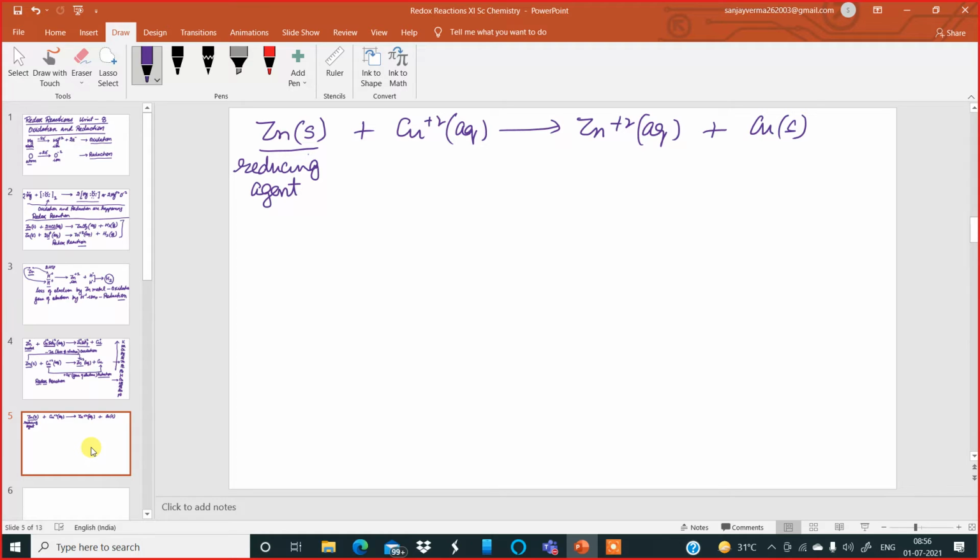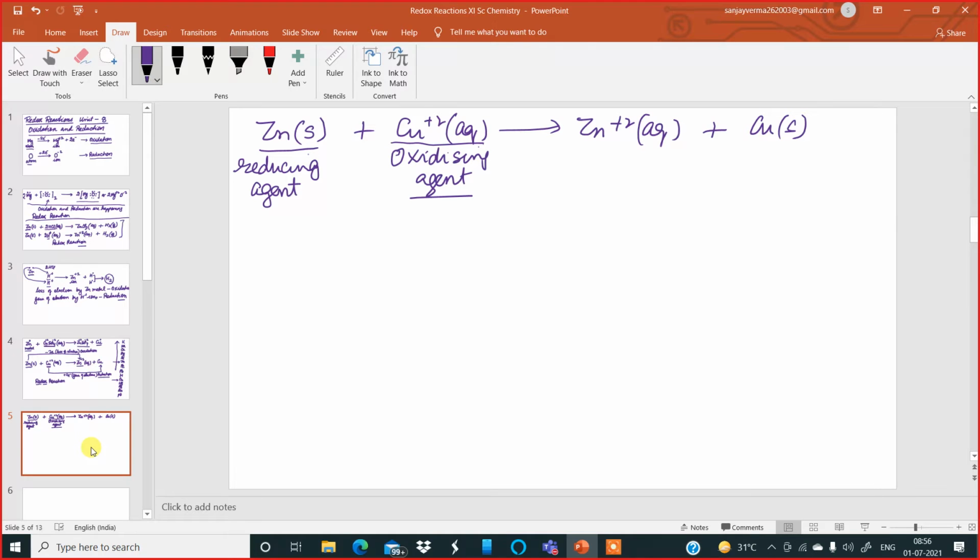So this copper ion is acting as the oxidizing agent. Please keep this in mind. Whoever is losing the electrons is acting as the reducing agent, and whoever is accepting the electrons is acting as the oxidizing agent.